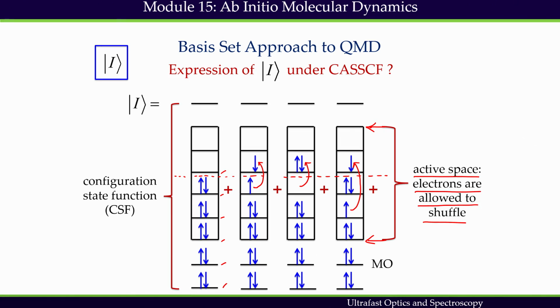Then none of the electrons from low-lying states from here to here, this kind of electronic excitation, will be allowed. These are not allowed. Only electronic excitations, creating different configurations, within this box are allowed. The remaining electrons remain frozen, not contributing to the electronic excitations. So this is all about the CAS-SCF procedure.